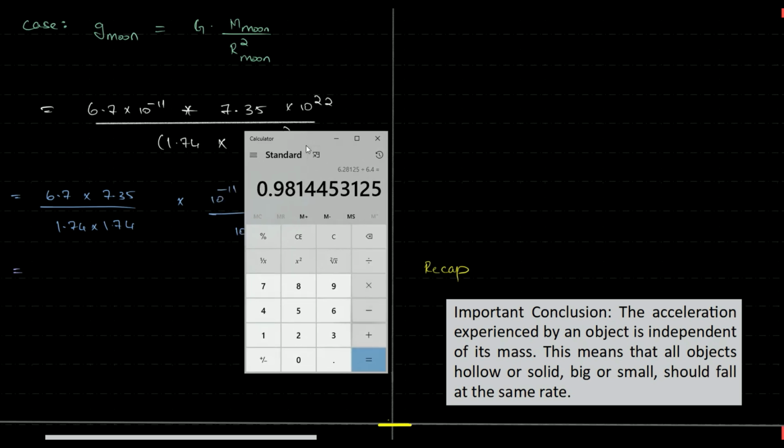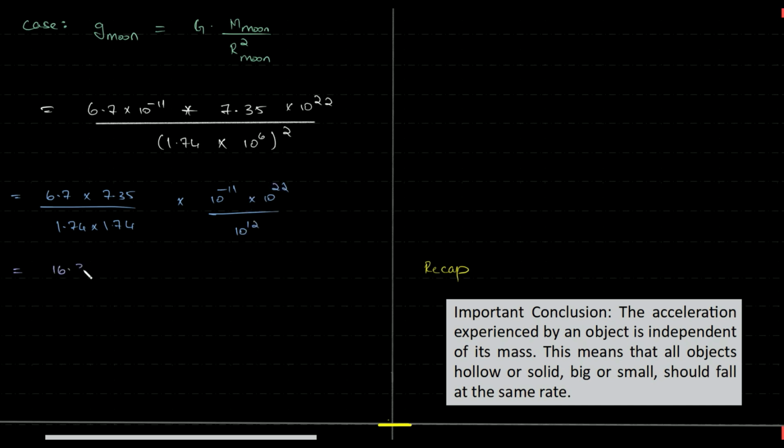We have 6.7 into 7.35 divided by 1.74 divided by 1.74, and we have approximately 16.3 into 10 to the power of minus 11 plus 22 minus 12, and this will be 10 to the power of minus 1, right?